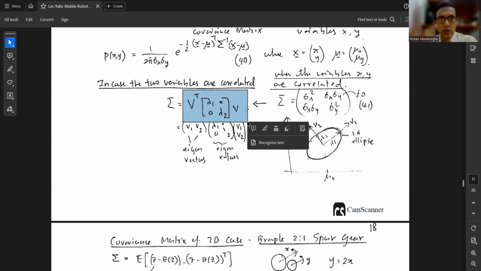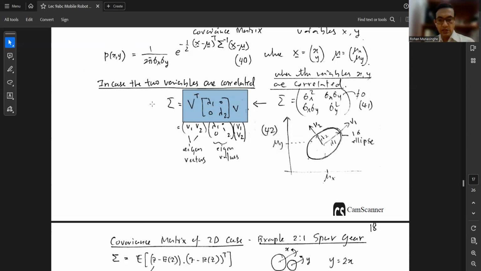We convert the matrix into a diagonal matrix with lambda 1, lambda 2 in the main diagonal, and all the off diagonal elements 0, right? And we put another matrix V in front of that, and after that, V transpose.